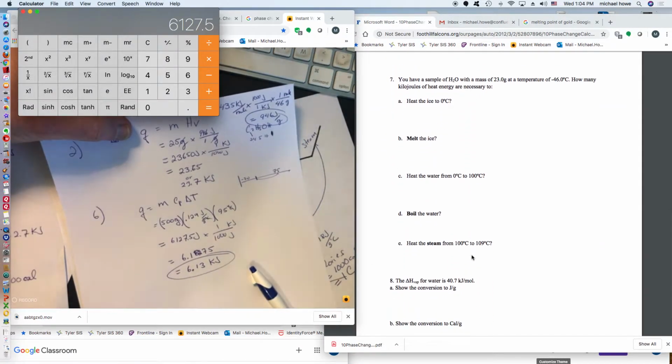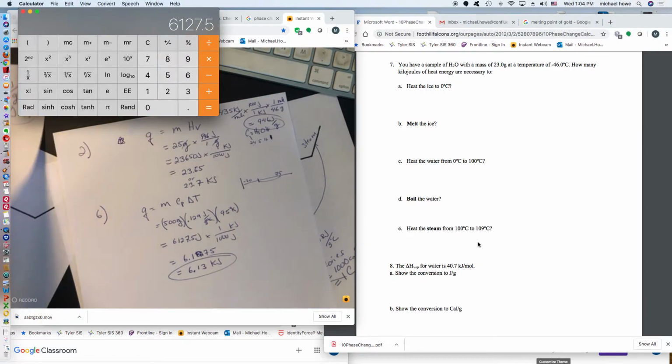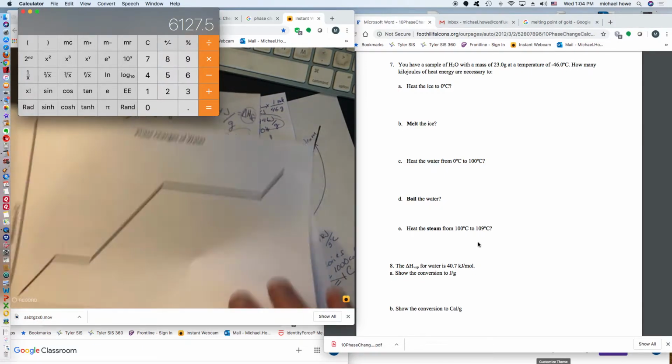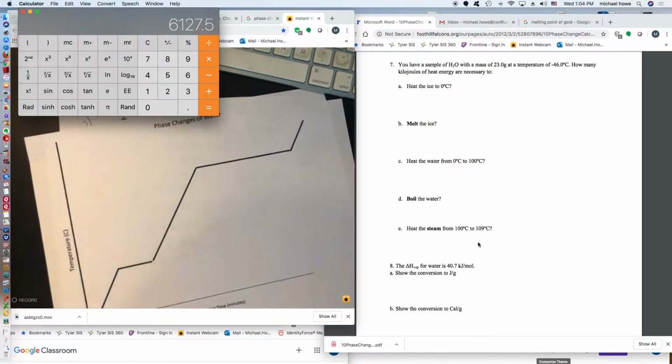Number 7. Number 7 is a problem that requires you to think in terms like on the video that I made yesterday that dealt with phase changes. So we're going to heat this sample of water, 23 grams, starting at a temperature of negative 46, and we're going to end at 109.